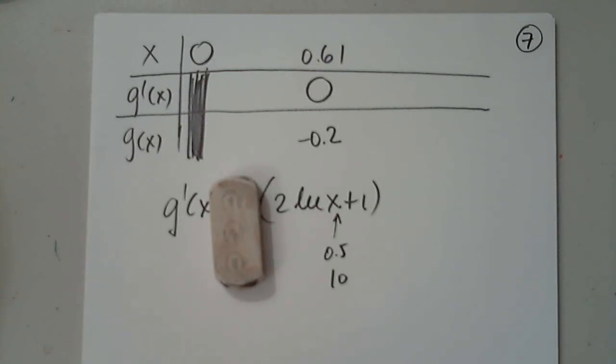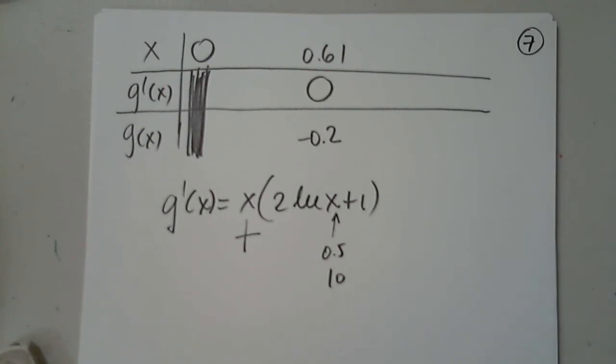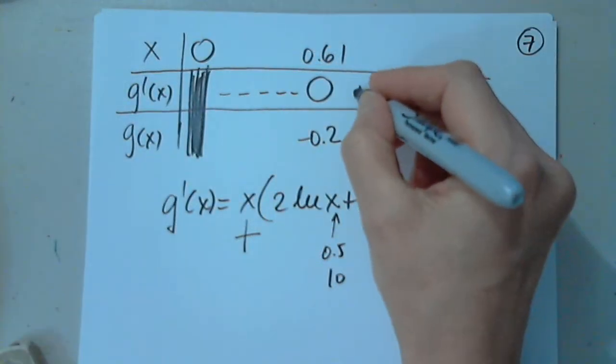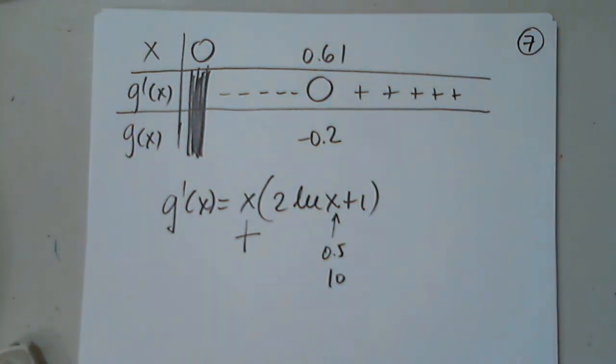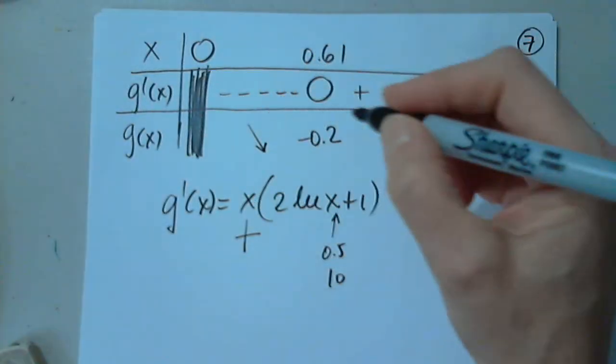That's all I need. So I'm going to plug in 0.5, and I'm going to plug in 10. I only care about the sign. I don't need any number. So I have negative and positive. I know it must be this.